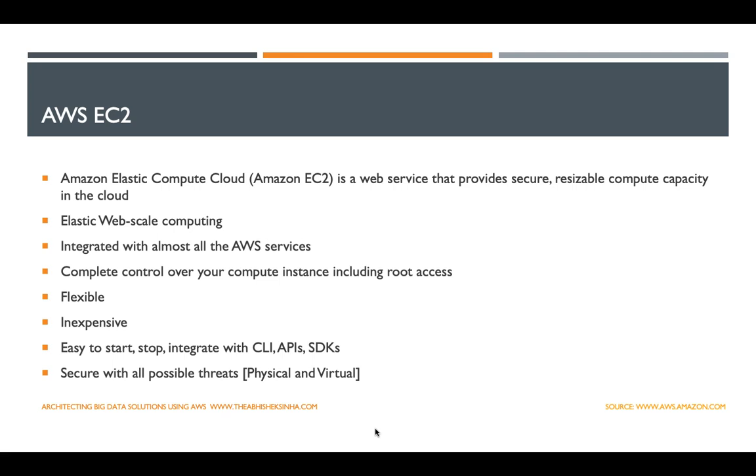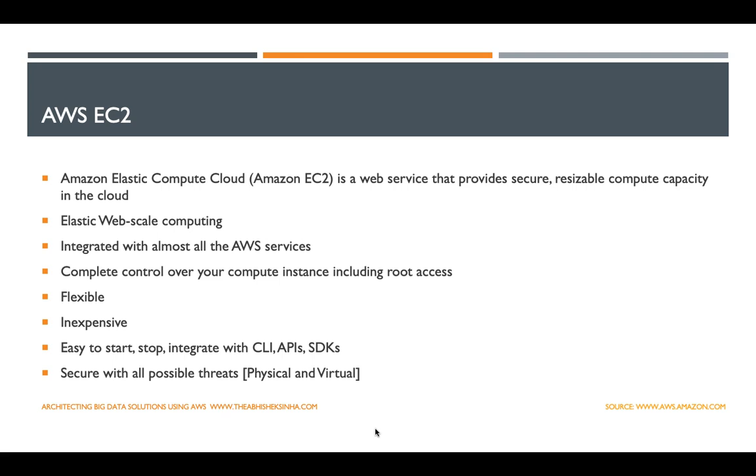Of course, it is flexible, as I mentioned earlier, that you can always go ahead and make changes in the compute environment of the existing machine that you have spun up from the AWS infrastructure. And then you have inexpensive, because the compute machines like T1 micro or T2 micro are very inexpensive.